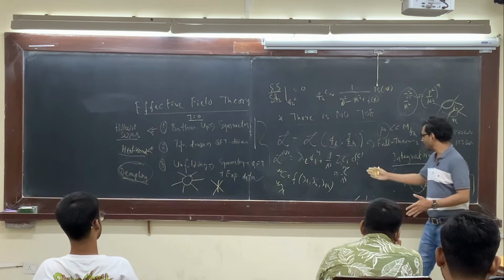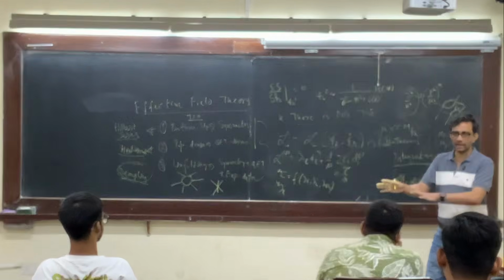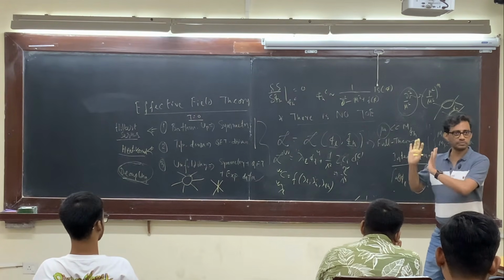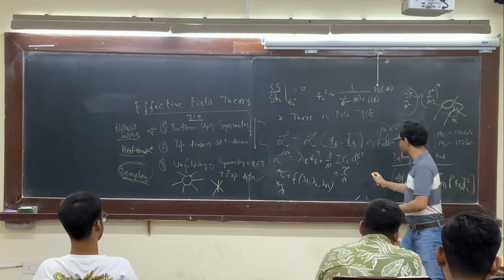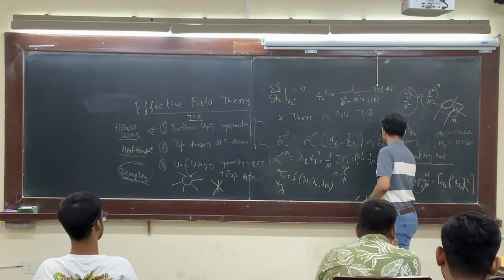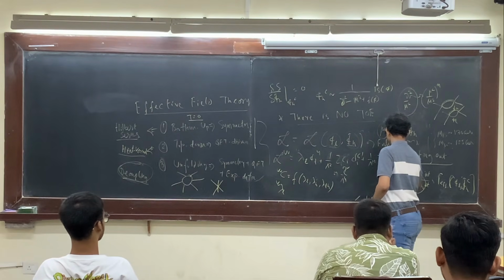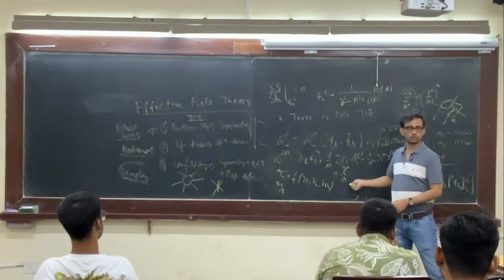Because I have already truncated my theory at 1 by lambda square, so anything beyond that I will not pay attention to. If I want to pay attention, then I have to add C_i tilde by lambda 4 O_i^8. Once I add them, then I am allowed to do that.